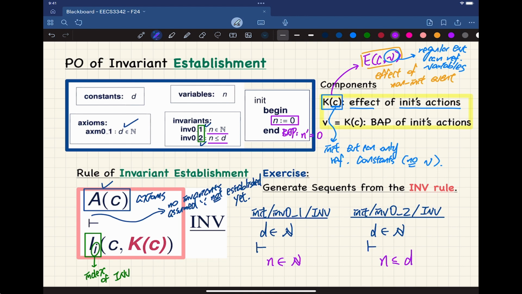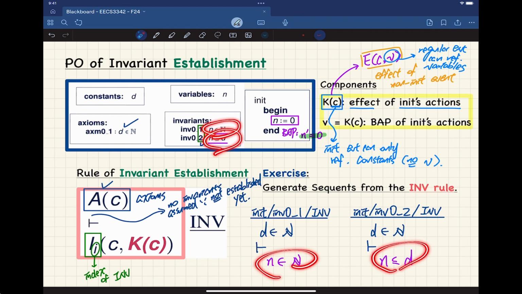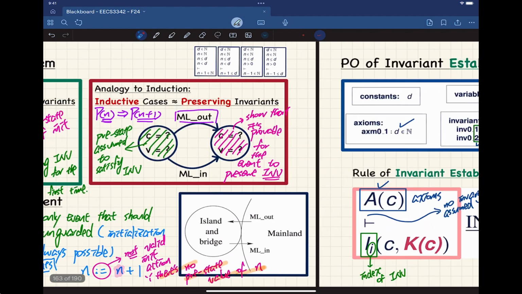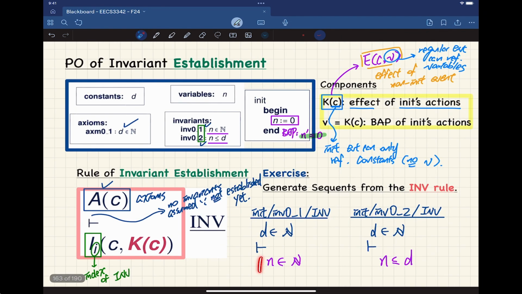The way to do it is by considering the before-after predicate, which is over here. Okay? Oh, sorry. That's the invariant here, and the invariant over here. We want to say that in the post states of, so after executing the init events, the post state over here should really satisfy that invariant for the very first time. So the first step is to copy it.